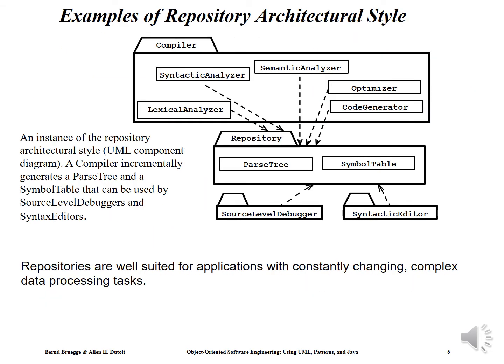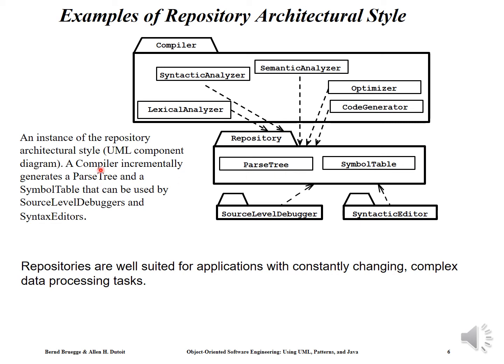So this is another example of a repository architecture style. In this figure, the different subsystems of the compiler access and update a central parse tree and a symbol table, and debuggers and syntax editors access the symbol table as well.